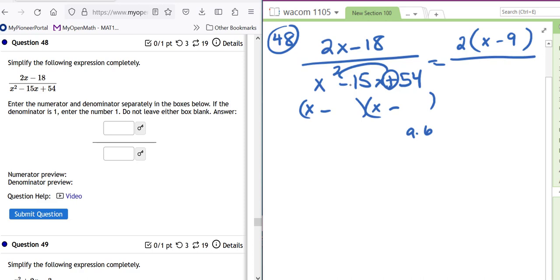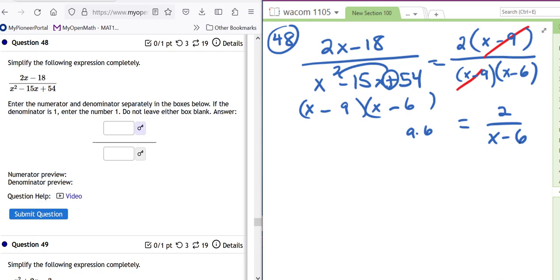It's going to work. So we have x minus 9, x minus 6. Once you have everything factored, you match up and cross off. So we have 2 over x minus 6 is our answer.